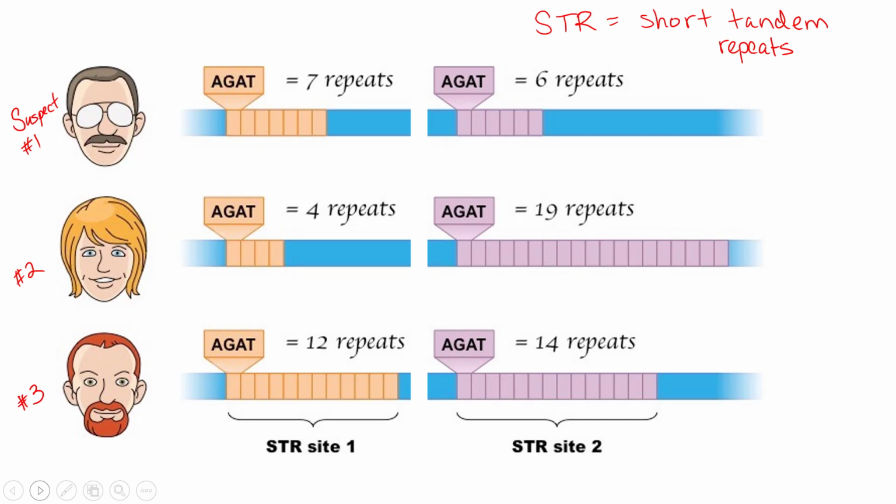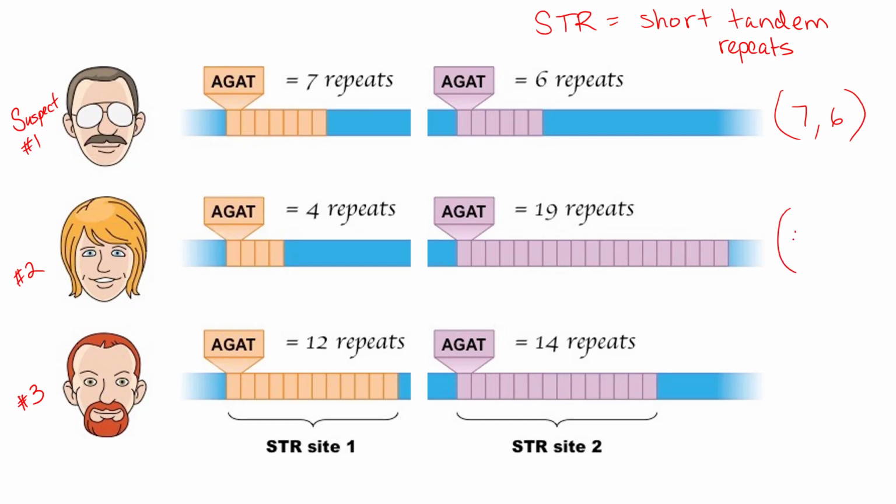So here we're looking at the repeats of A, G, A, T, and we see that these 3 suspects have different combinations of these repeats. Suspect 1, his profile would be 7 repeats on one chromosome and 6 on his other.